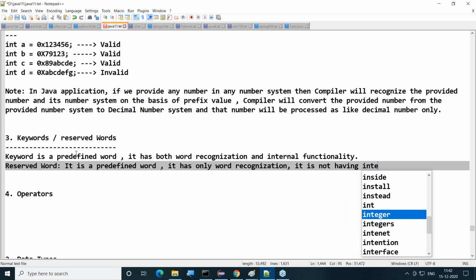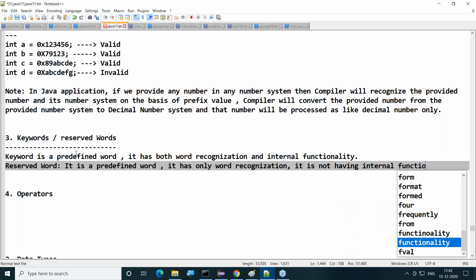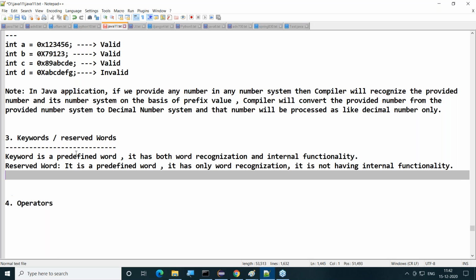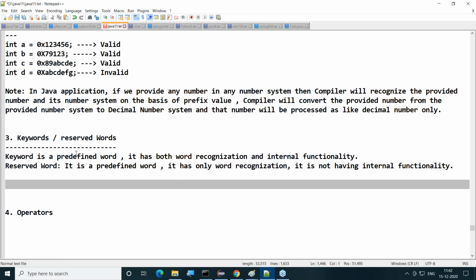It is not having internal functionality.